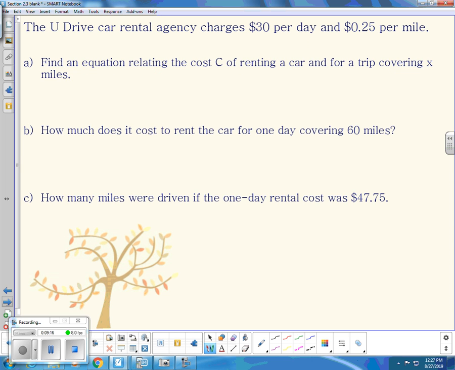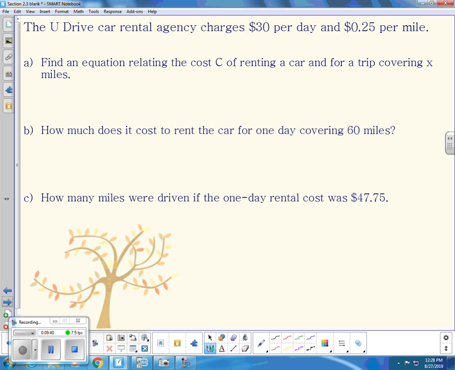All right. So for linear equations, you're describing something changing at a constant rate plus a starting point. So if I am renting a car, and it's $30 to rent the car and 25 cents per mile, how would you write that as an equation? What's the thing that's changing our cost?